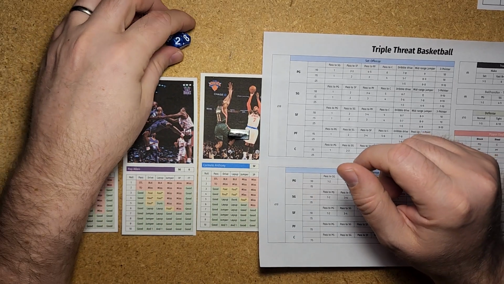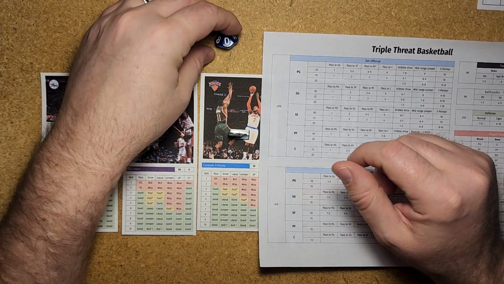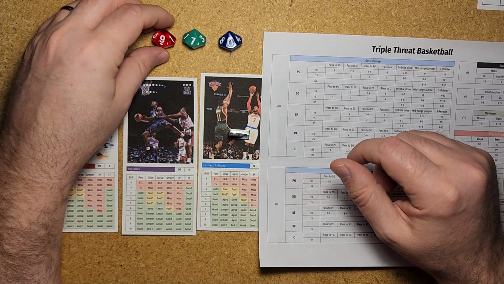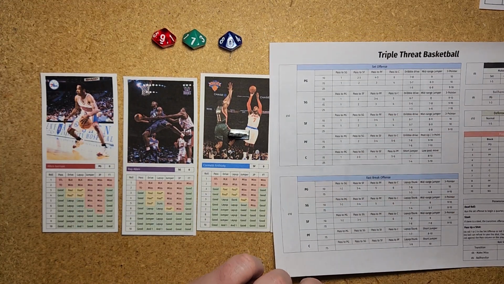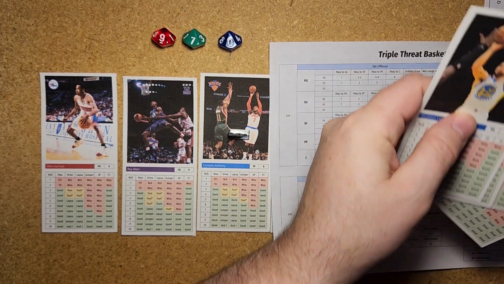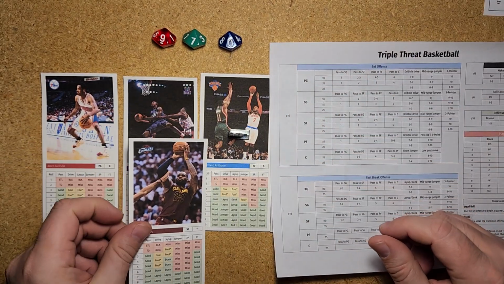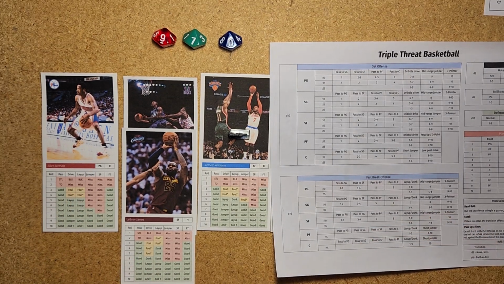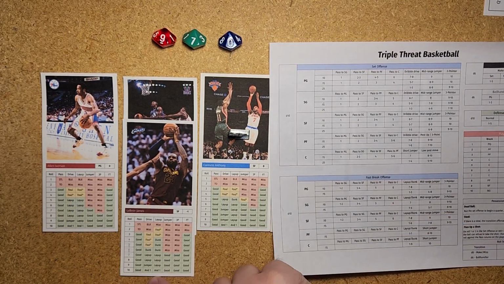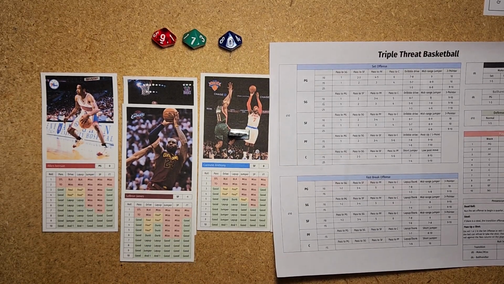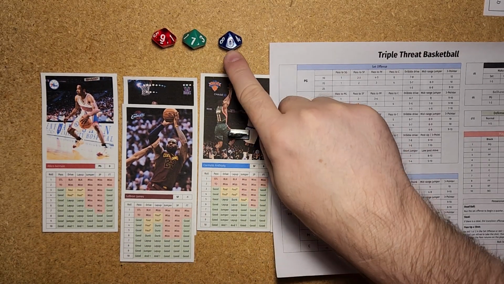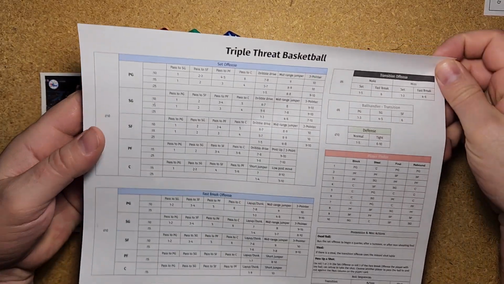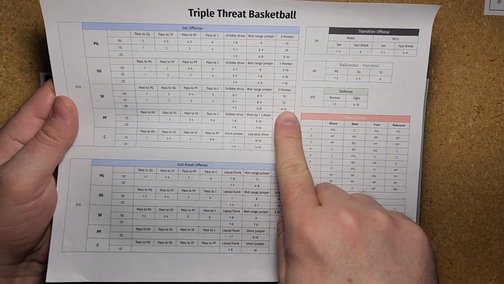Now Anthony has the ball, and let's say Anthony has a 10, and a 7, and then a 9. He's being guarded by LeBron James, his counterpart on the play. So a 10 is a shot. You can see here a 10 for a small forward on the second row.